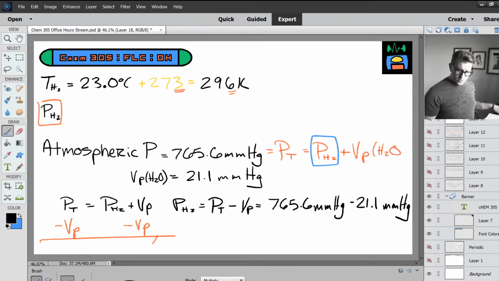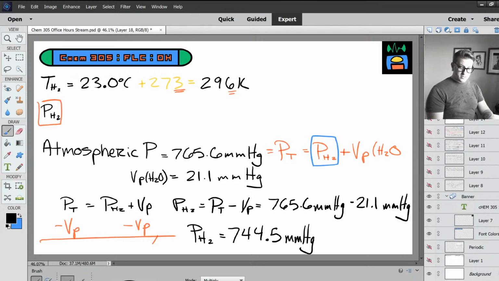So 765.6 minus 21.1 gives us partial pressure of hydrogen is equal to 744.5 millimeters of mercury, and we don't need to round because the last sig fig in both of these numbers is in the first decimal place. Our answer has its last sig fig in the first decimal place, so that is totally solid as is.